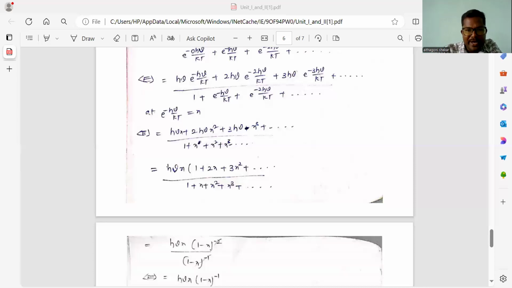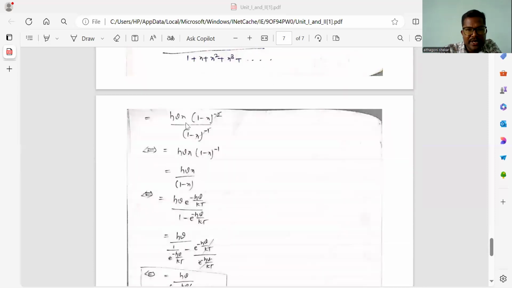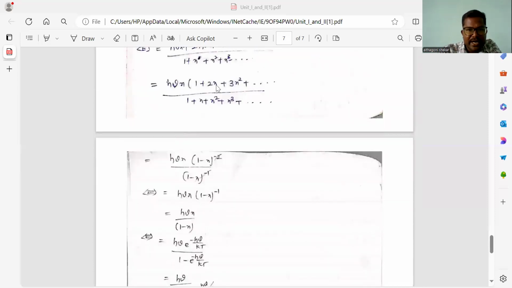By using the binomial theorem, for the total equation, we get 1 minus x whole power minus 2, and the denominator value is also 1 minus x whole power minus 1.